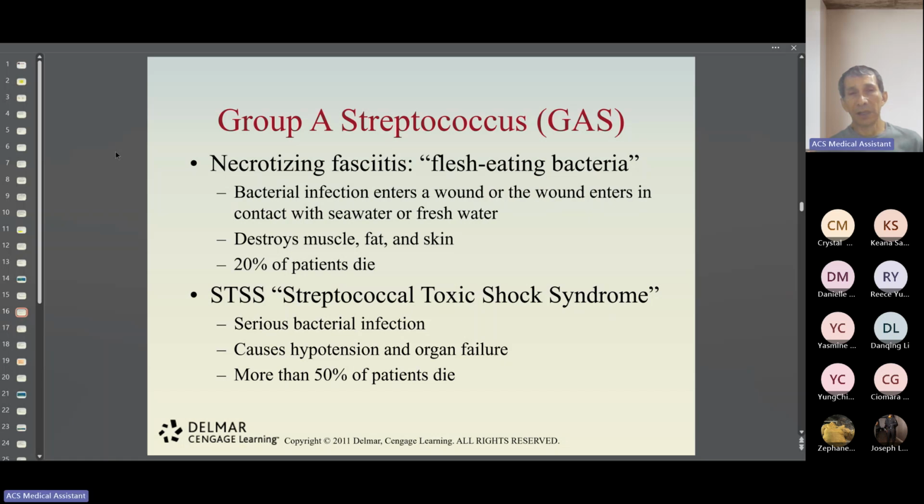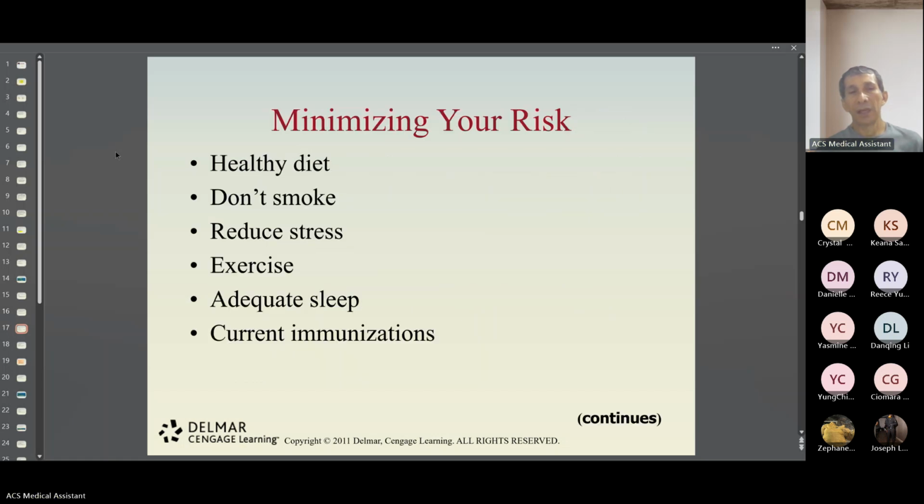So that's basically how it works. How are we going to minimize the exposure to these microorganisms? There are things that we can control, other things that we cannot control. So here we're going to show things that are controllable.